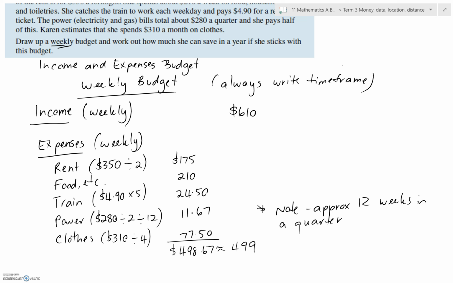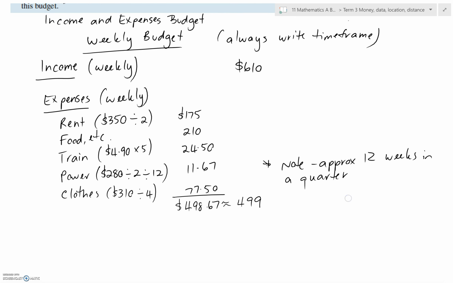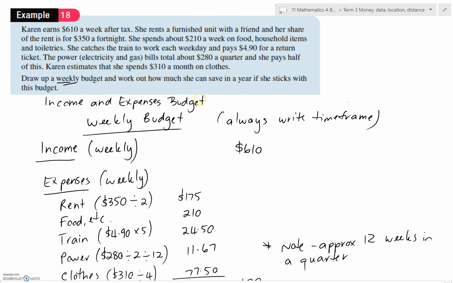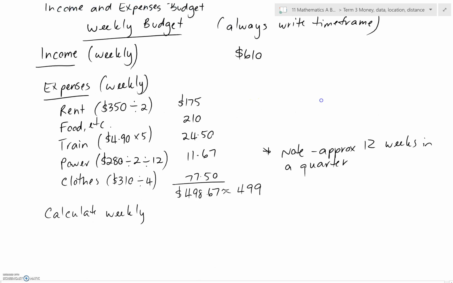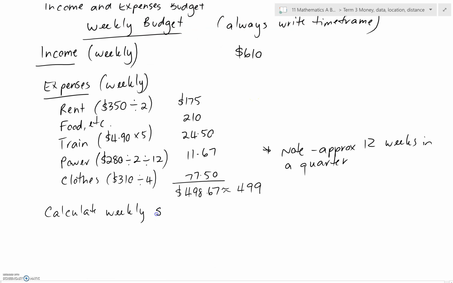So the income is $610. The expenses are $499. So what we can now do is calculate the weekly savings, which is what it asks us to do in the question. If we go back, how much can she save in a year? So first thing, I'll calculate the weekly savings because we've got a weekly budget.